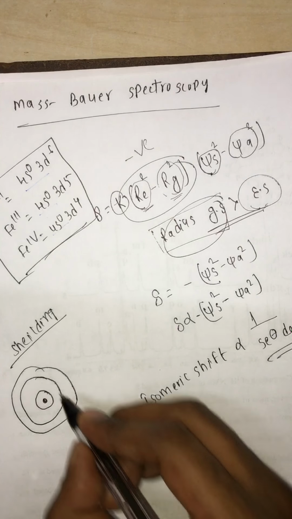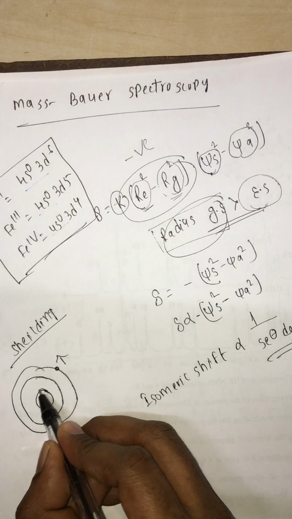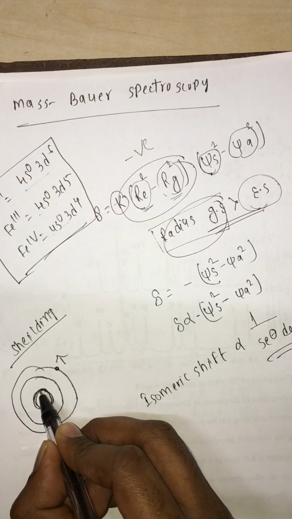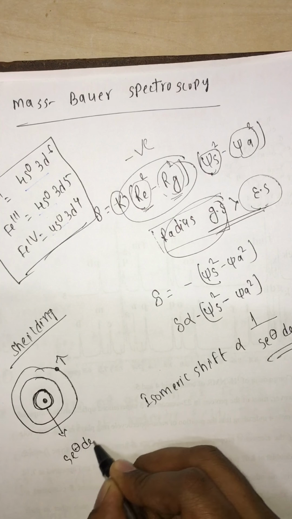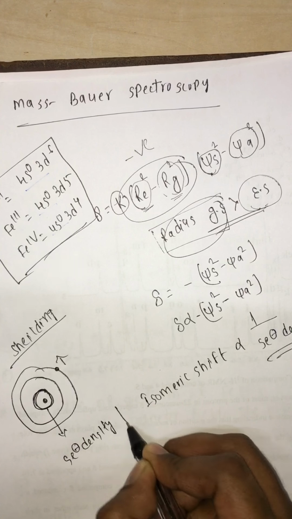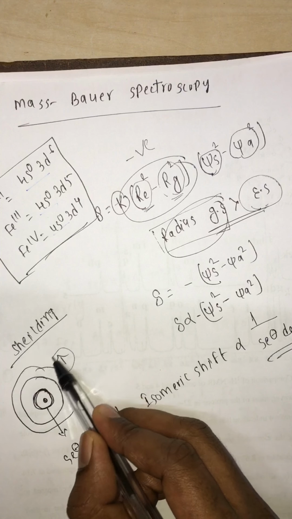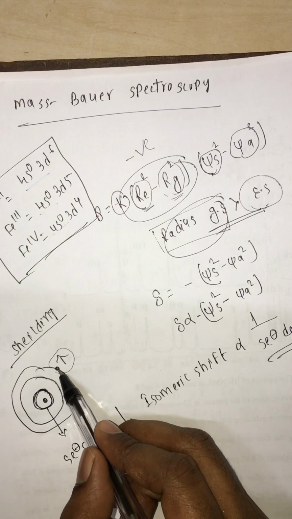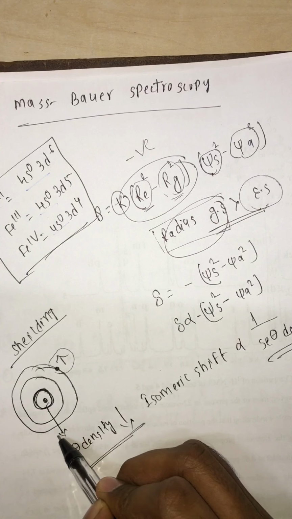If the d electron density increases, what will happen? The shielding on s electrons will increase, so automatically the s electron density will decrease. If the number of d electrons increases in the valence shell, this will shield the s electron density.